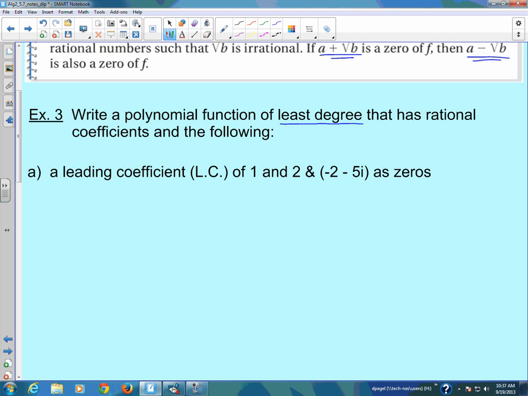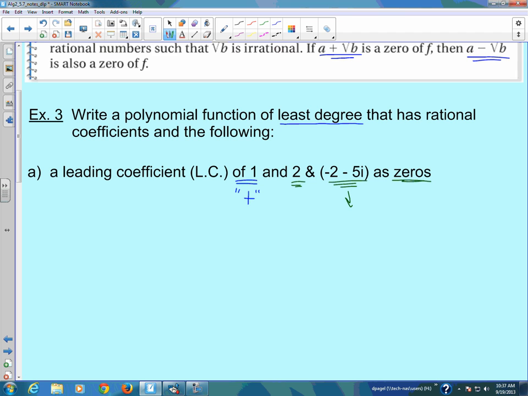All right, so we have a leading coefficient, that's 1. And that just means I have a positive lead. So it helps me with my end behavior of the graph, if I'm graphing this thing. Okay, we have 2 given x-intercepts. We have a zero of 2 and a zero of negative 2 minus 5i.